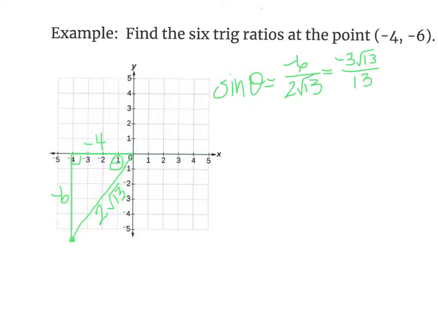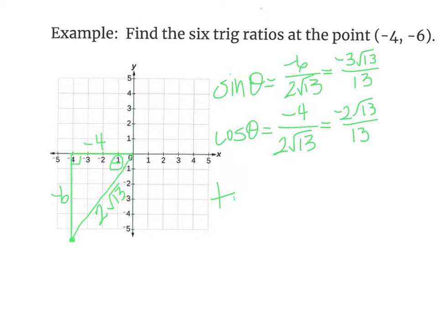There's our sine value. Our cosine of theta is adjacent over hypotenuse, -4 over 2 square roots of 13, and get rid of square root of 13, top and bottom, simplify the fraction of -4 over 2, and I get -2 square roots of 13 over 13.